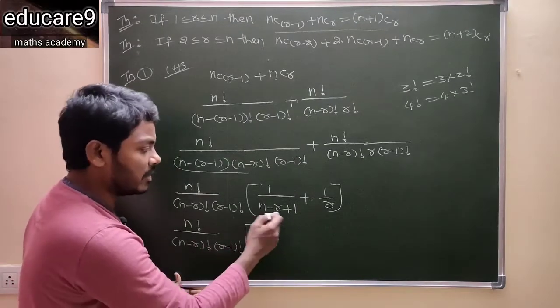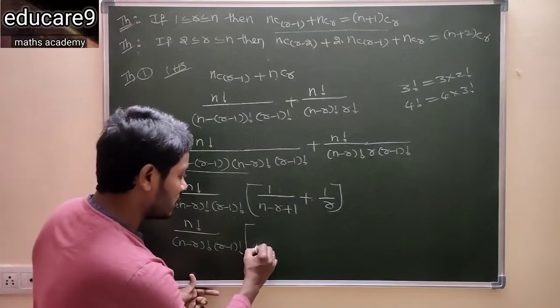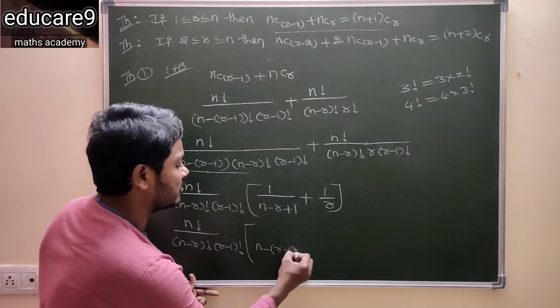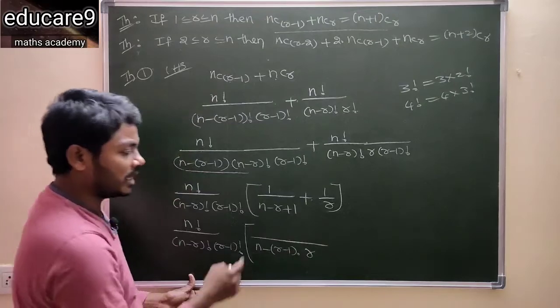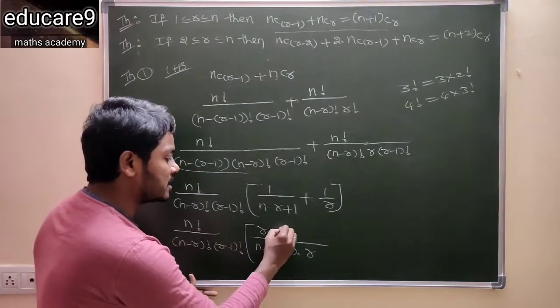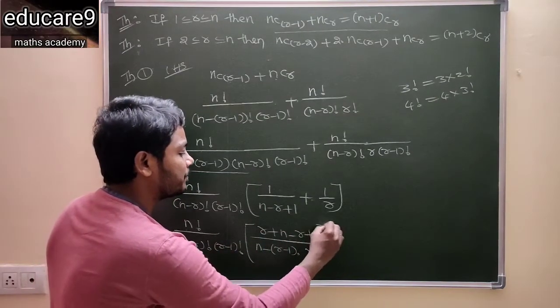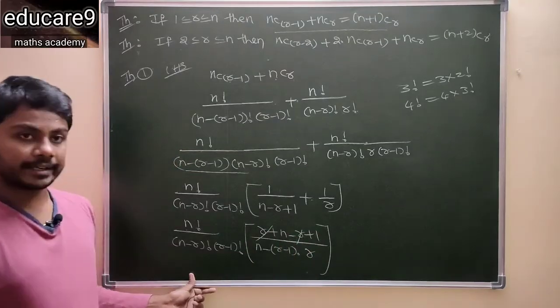Here, what is the LCM? (n minus r plus 1) into r, that is (n minus (r minus 1)) into r. Numerator: r plus n minus r plus 1. So minus r and plus r get cancelled.